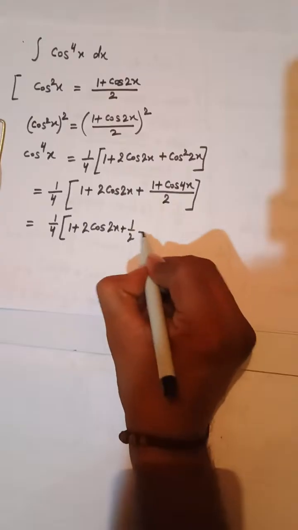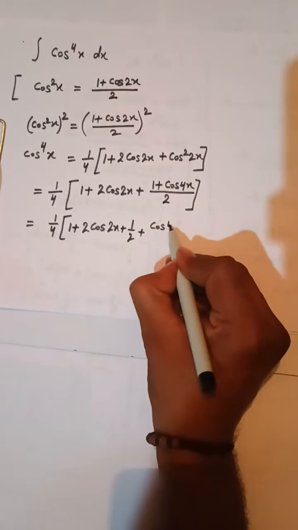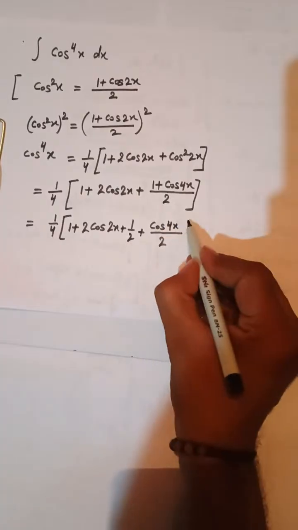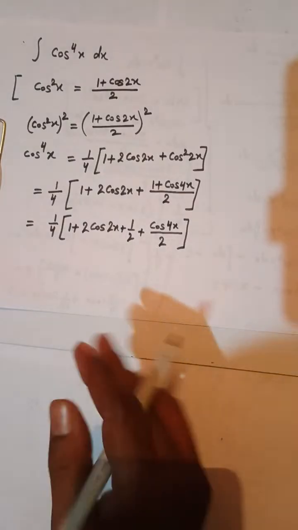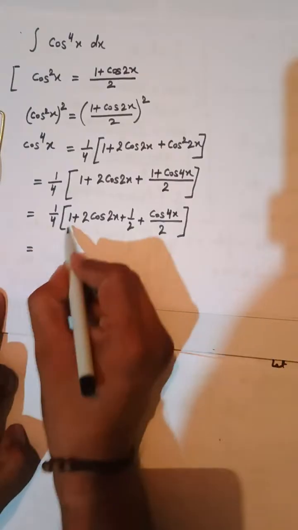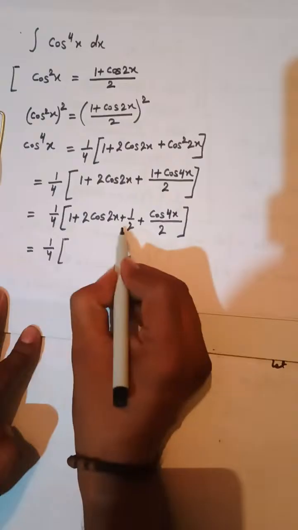I can split this one: 1 by 2 and cos 4x by 2. Okay, on the last I can just multiply all together, or I can get the LCM and then put all. So here 1 by 4, then LCM is 2.